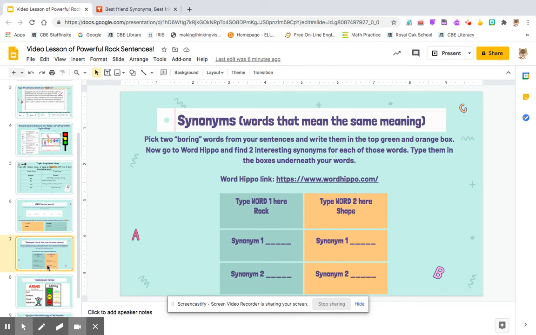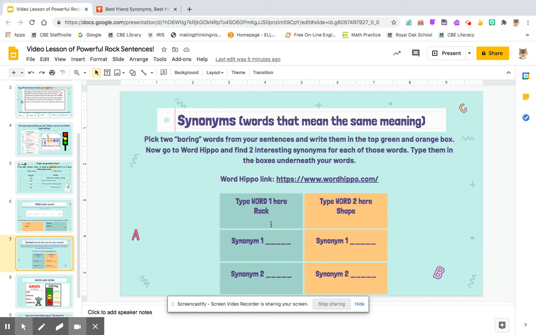I then go to the synonyms, so words that mean the same thing. And we've done, like I said, lots of work on synonyms earlier. So we're going to pick two boring words from your sentences and write them in the top green and orange box. So I chose rock because I used rock so many times in that.